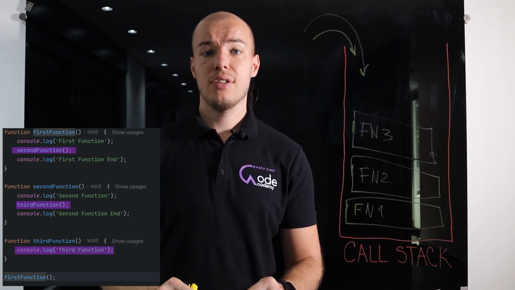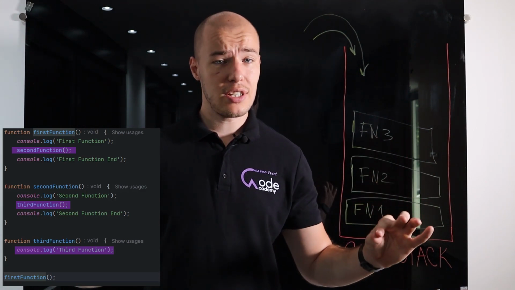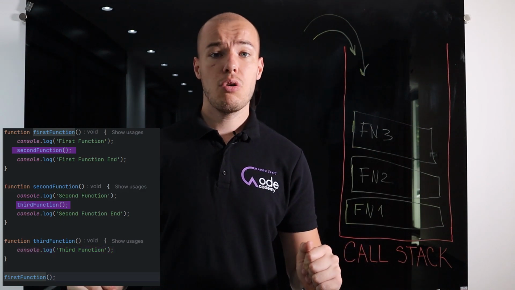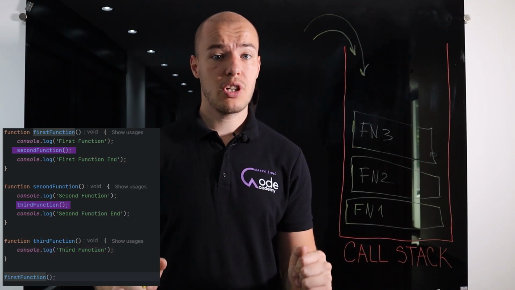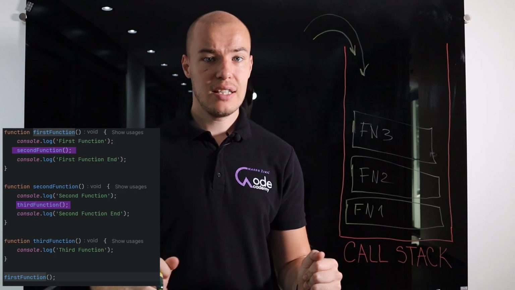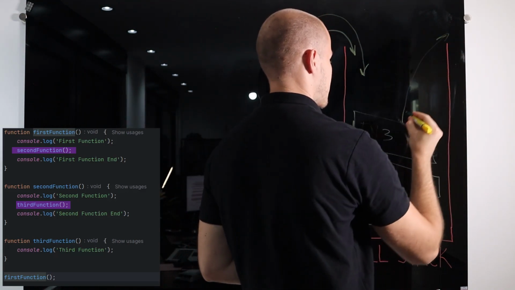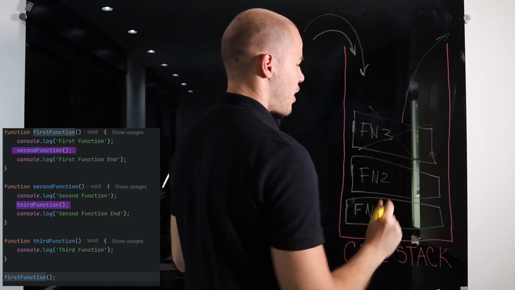That means that we have executed everything from the third function that needed to be executed, so we can remove it from the call stack. That means that the third function will be popped off the stack, so we no longer have it.